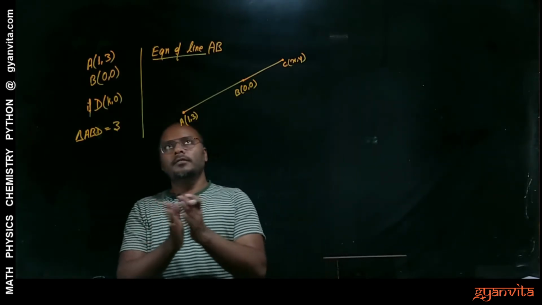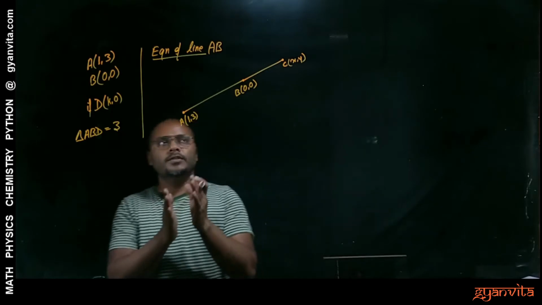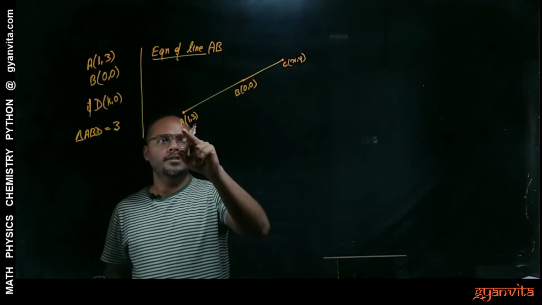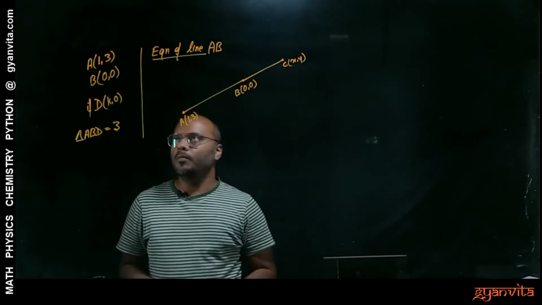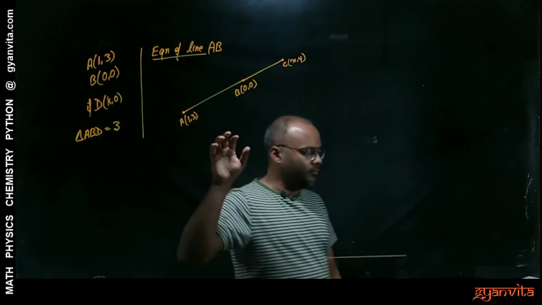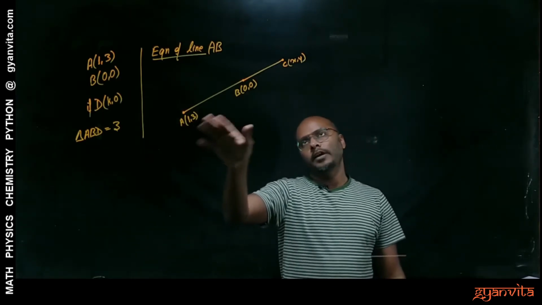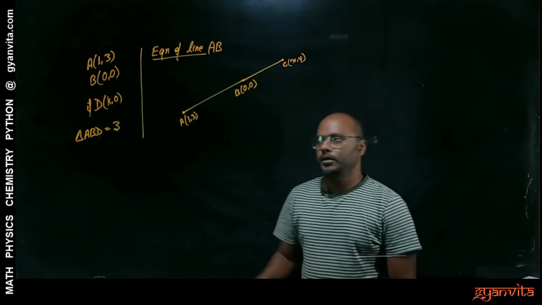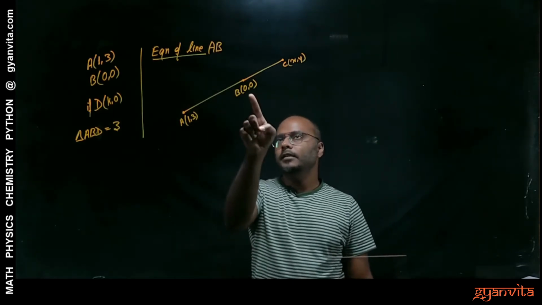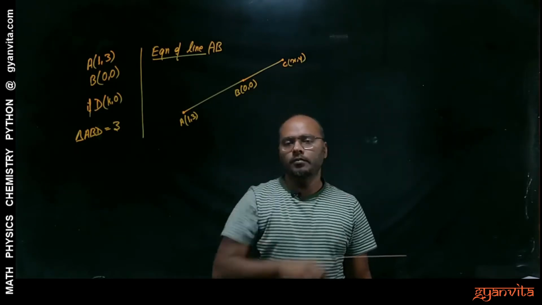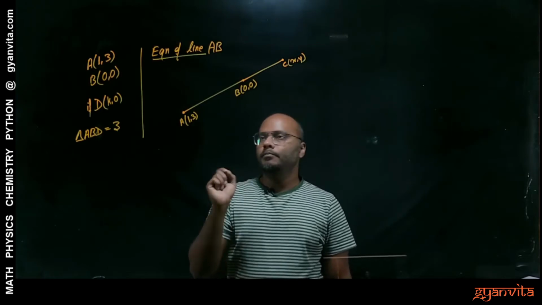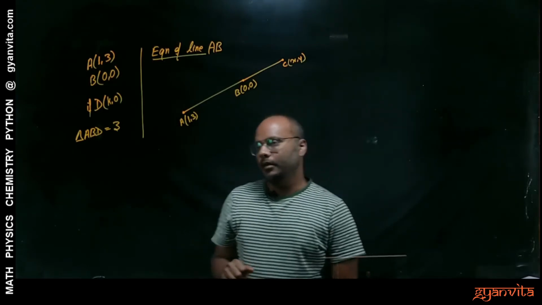Now if AB is a straight line and C also lies on the same line, that means A, B and C are collinear points. And if these are collinear points, then the determinant which you will find using the coordinates of A, B and C will be equal to 0. Clear? And if I find this determinant, then obviously it will have terms of x and y, right? We'll see that.